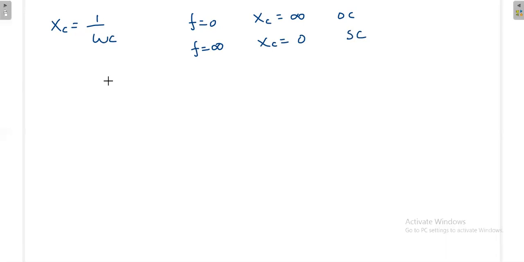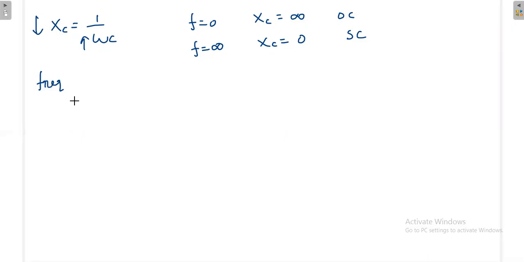Now the question is, why, when I increase the frequency, is the impedance decreasing in case of a capacitor? When I increase the frequency, you are going to charge the capacitor. If the frequency is high, it will get charged very quickly.